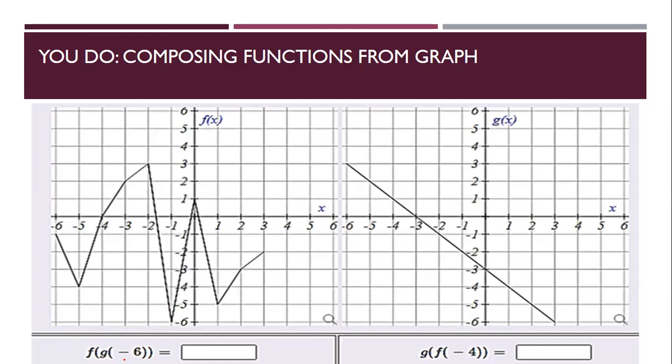So we go to the G graph and go to the -6, and we get -1. No, what do we get, class? 3. You should have gotten 3. Then the other graph. Now we go to F and go to 3, and we get -2. So our final answer should have been -2.